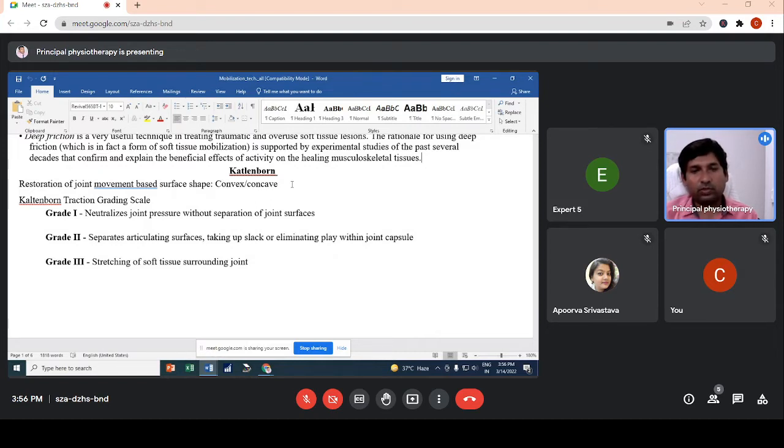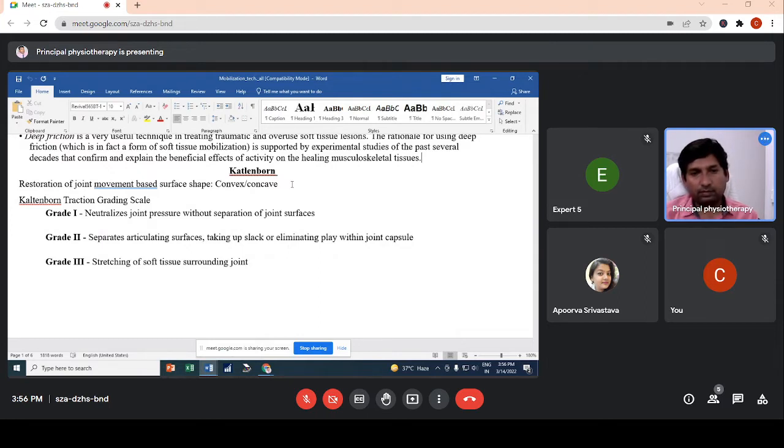Kelton-Bond technique is based on the concave-convex principle. It means, suppose in case of the shoulder joint, we are going to apply the Kelton-Bond technique. Concave is the glenoid cavity, and convex is the head of the humerus.